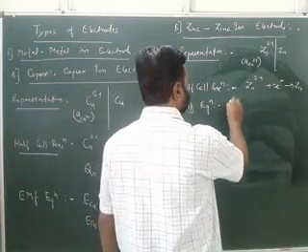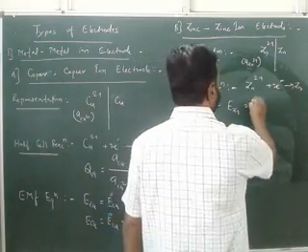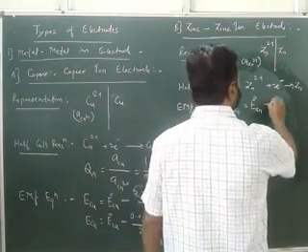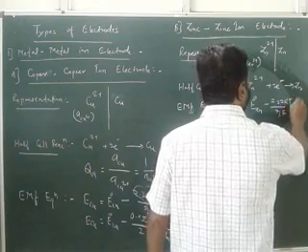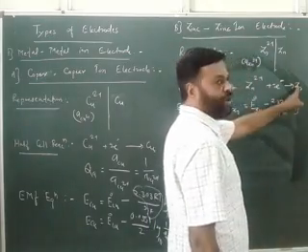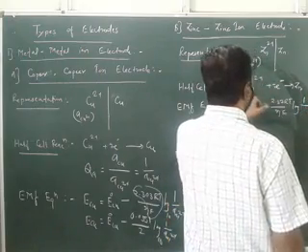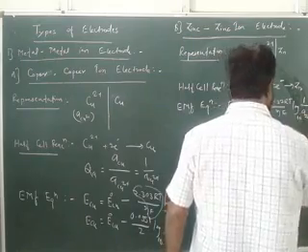So the reduction potential of the zinc electrode is equal to the standard reduction potential of the zinc electrode minus 2.303 RT divided by NF log of QA, the activity of the product Zn, which is equal to 1, divided by the activity of the reactant, the activity of Zn2+, to the base 10.